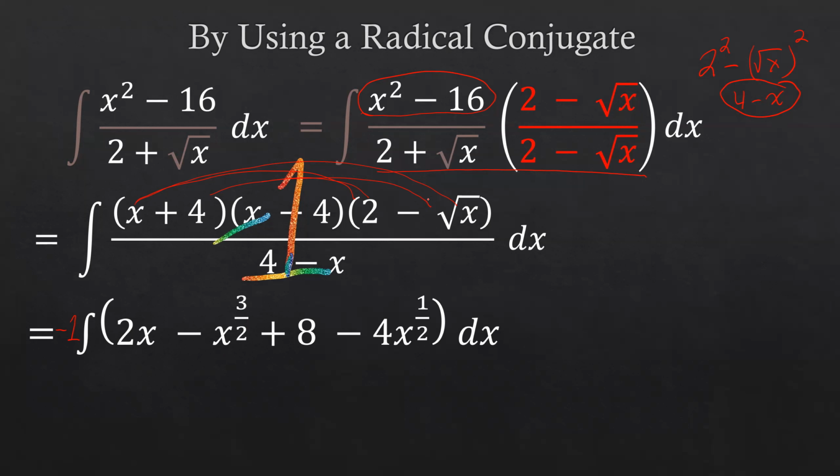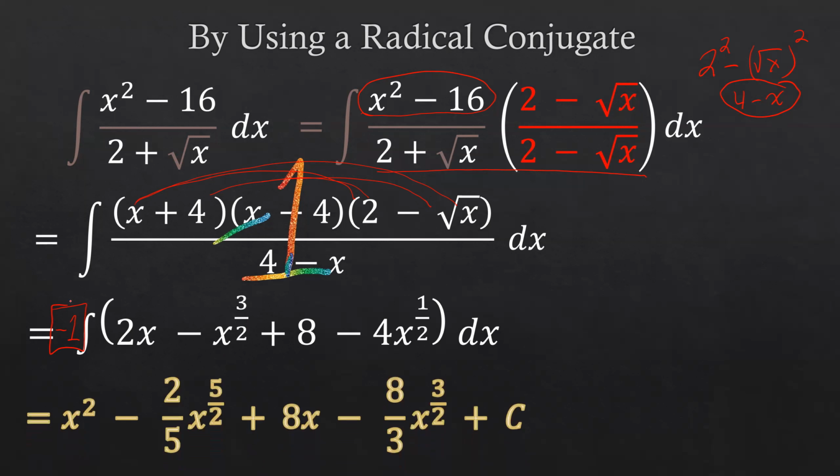And then again, don't forget the -1 that you have up front here, okay? So my answer should be the opposite of whatever these are because there's a negative in the front. And then plus c.